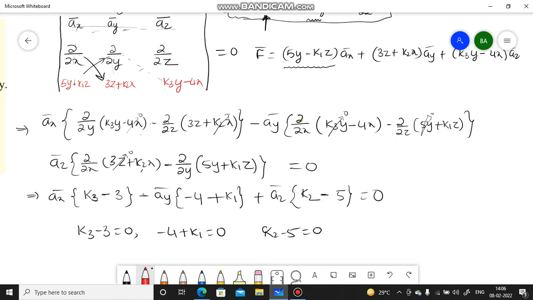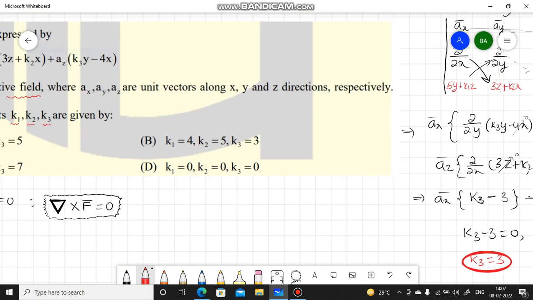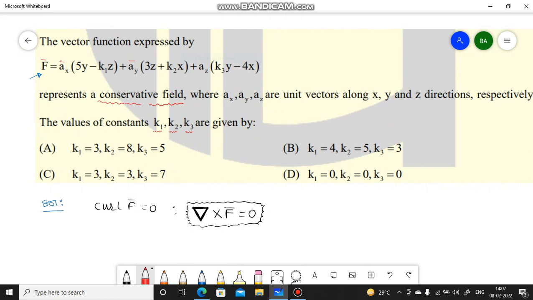So k3 is equal to 3, k1 is equal to 4, and lastly k2 is equal to 5. The values of k1, k2, k3 are 4, 5, 3. Checking the options, 4, 5, 3 is option B, and B is correct. Thank you.